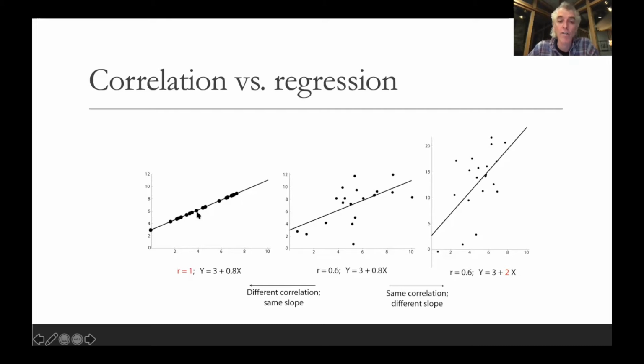The dots all fall right along the straight line in the plot on the left, and the correlation is lower on the right. In contrast, these last two plots have the same correlation coefficient of 0.6, but very different regression slopes. This plot here has a regression slope of 0.8, and this one has a regression slope of 2. So correlation and regression are similar, but they're not the same.